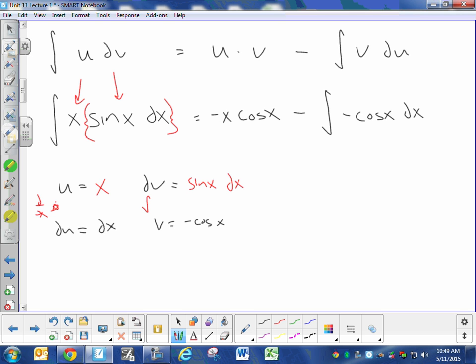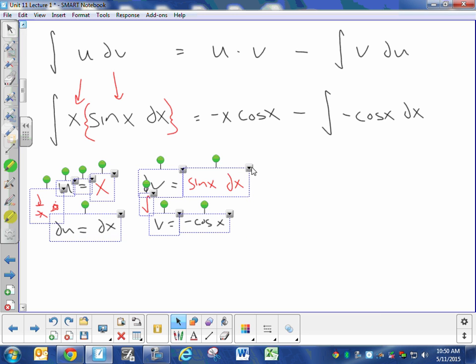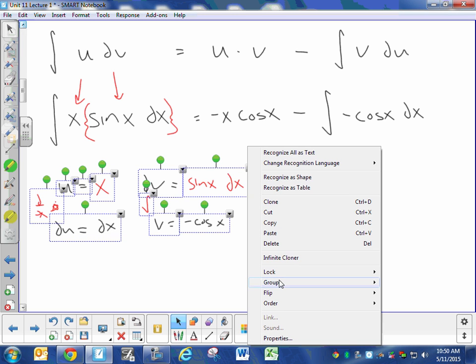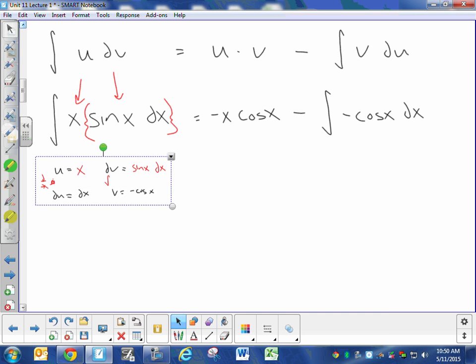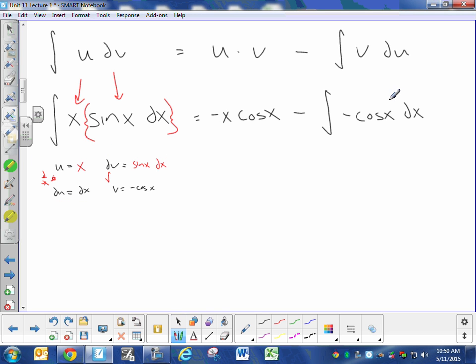And notice after rewriting this integral, the integral of negative cos x dx, I can find this easily. The antiderivative of negative cos x is negative sine x.